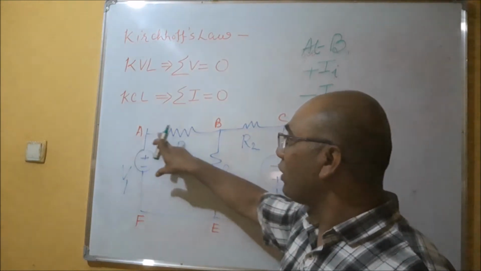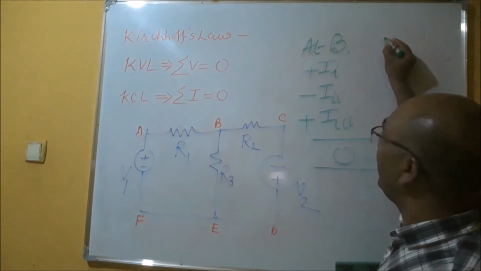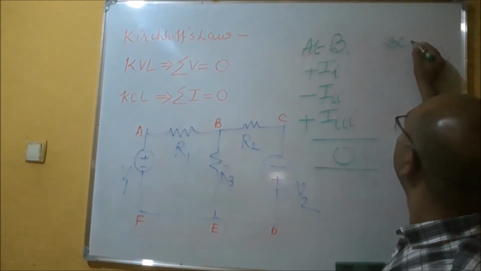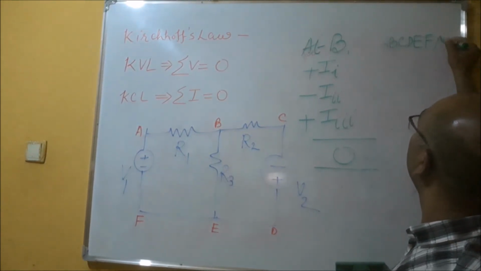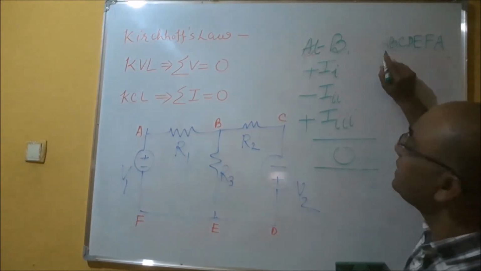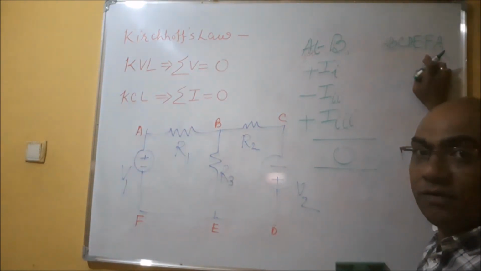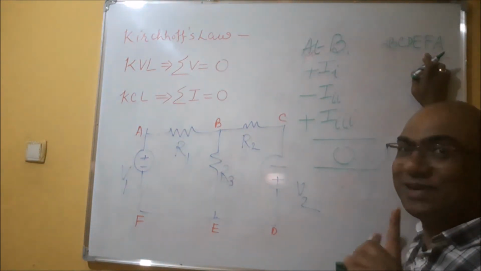If we are talking about the big closed path A, B, C, D, E, F and A, this means we are moving from A and reaching A again. We cannot stop at F, because if we stop at F, we are not closing the path.